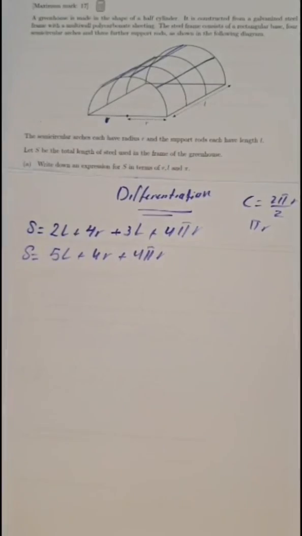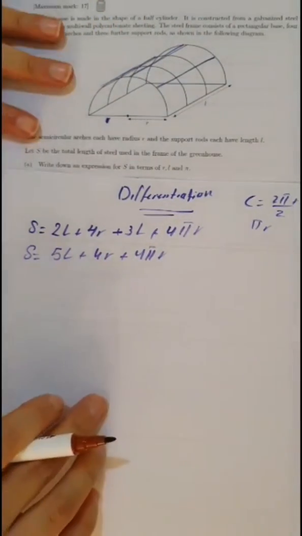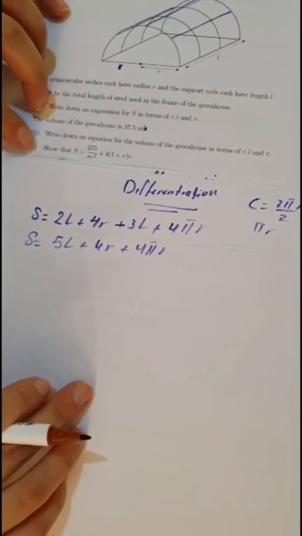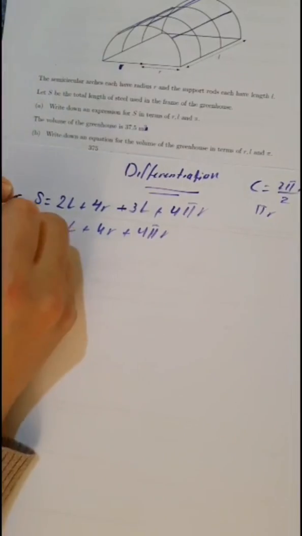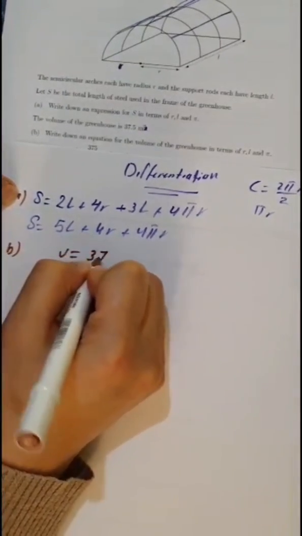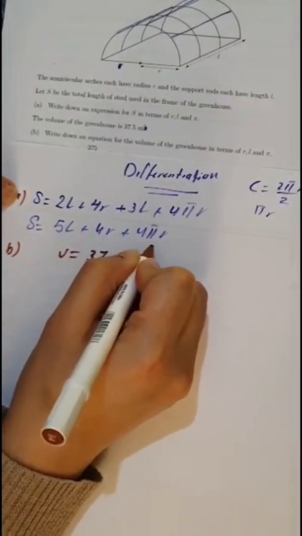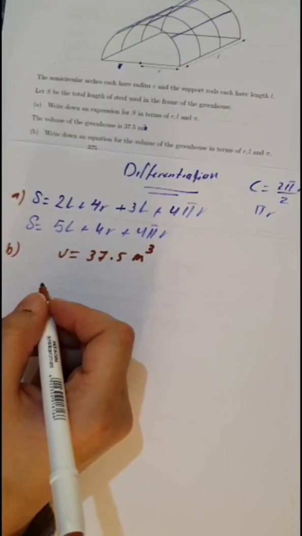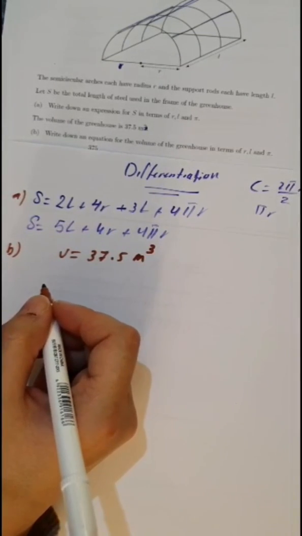Okay. To continue my question now, I want to go to the second part. In the second part, they are asking me, if the volume of the greenhouse is 37.5 meter cube, we need to write an expression in terms of r, L, and pi to represent this volume.